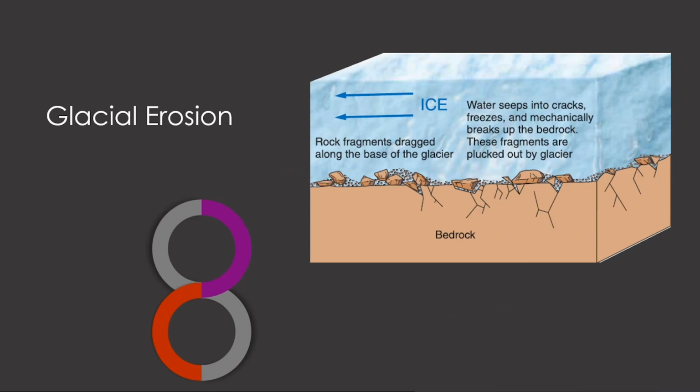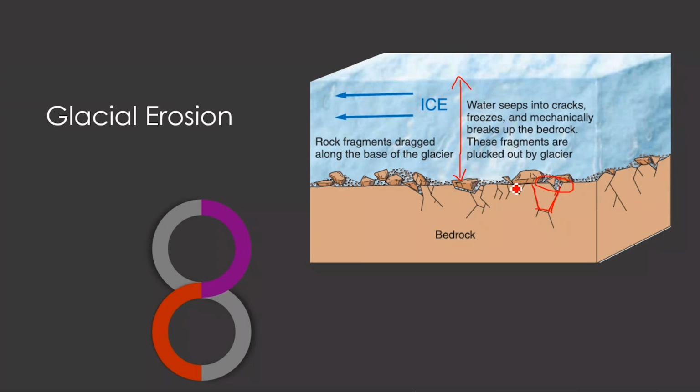First, let us see the erosion process. How do glaciers erode? A glacier is a large body of moving ice which is moving on the surface of the earth. It is a huge thickness of ice, and when it is in contact with the bedrock, because of the high pressure, some of the ice will melt, and that meltwater will enter the fractures or any small cavities present in the rocks.